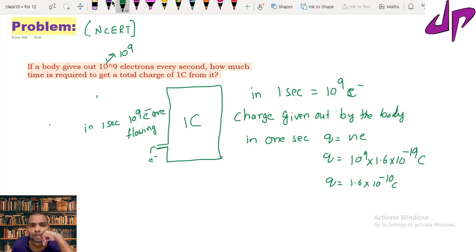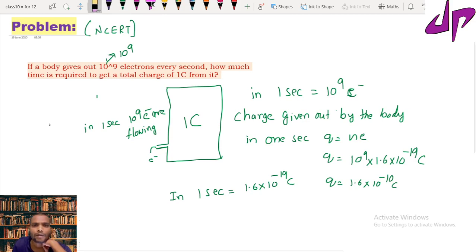Now the problem becomes simple. In 1 second, 1.6 times 10 power minus 10 coulomb of charge is leaving.